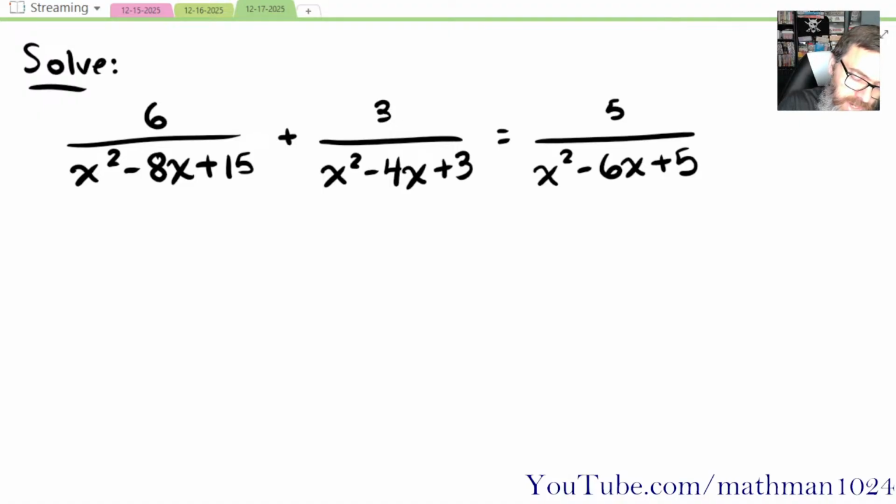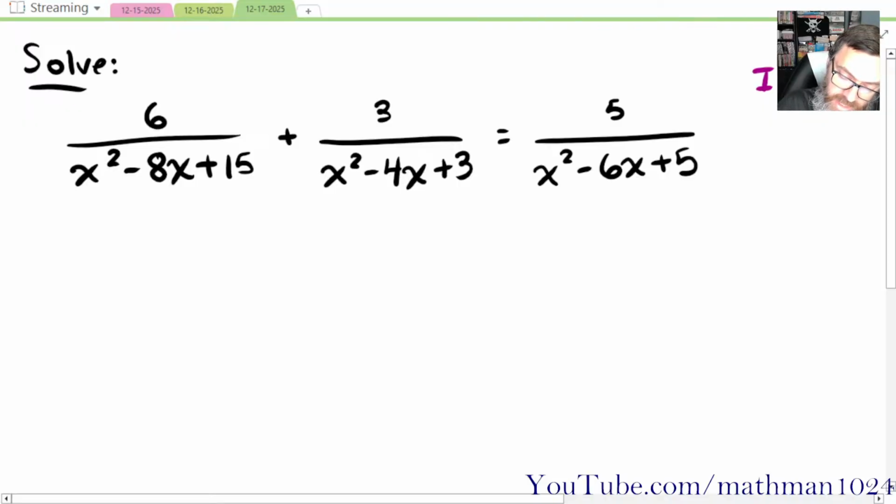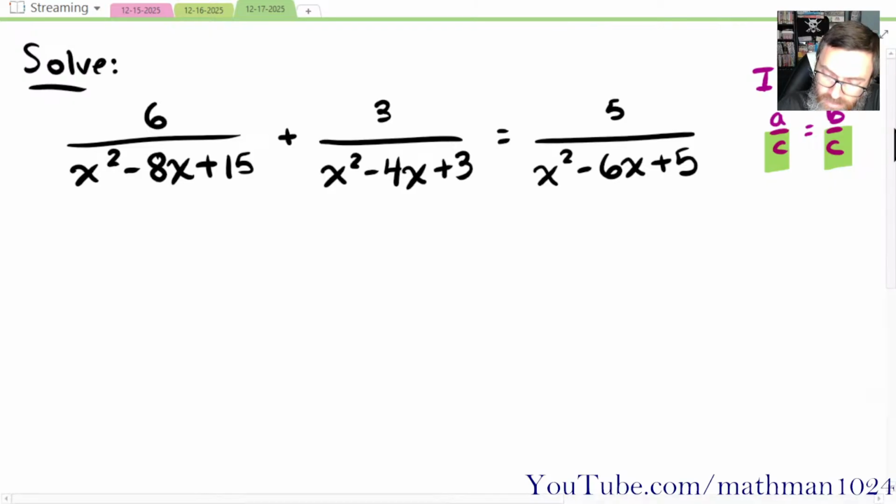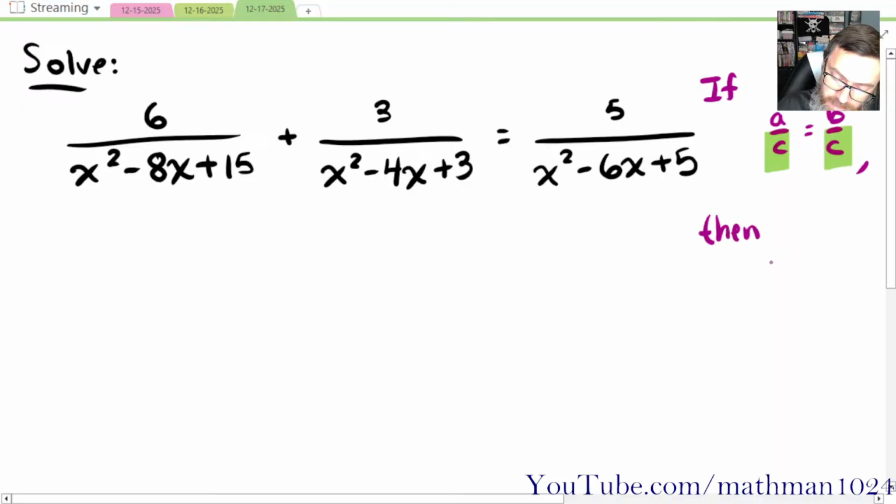But let me remind you of this. If you have two fractions that have the same denominator, so if a over c equals b over c, then that means those numerators have to be equal.